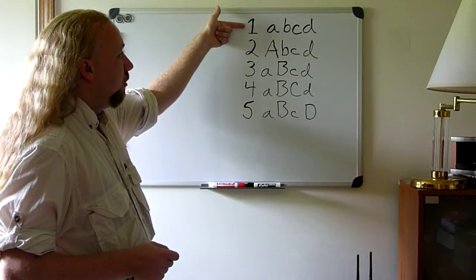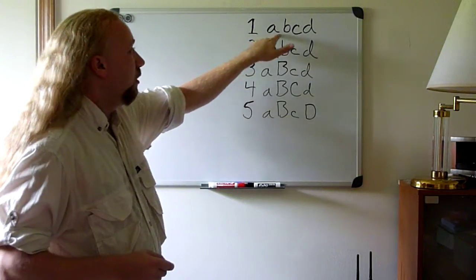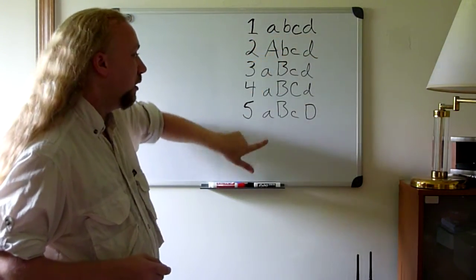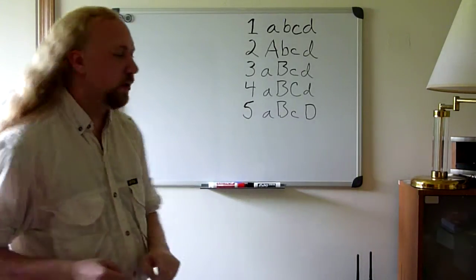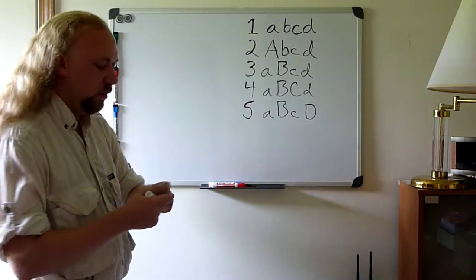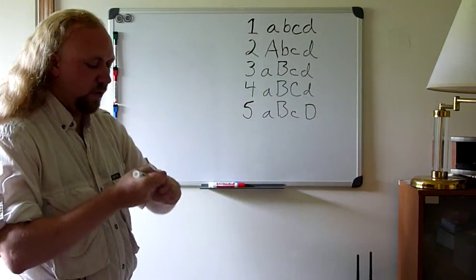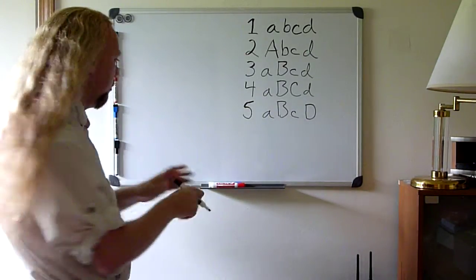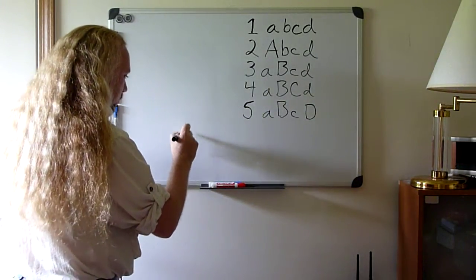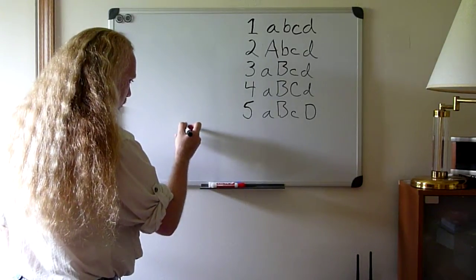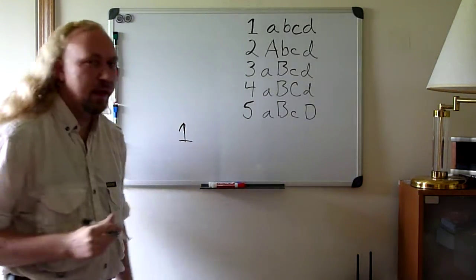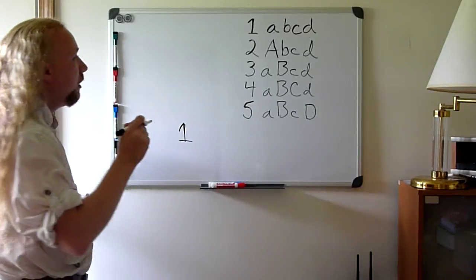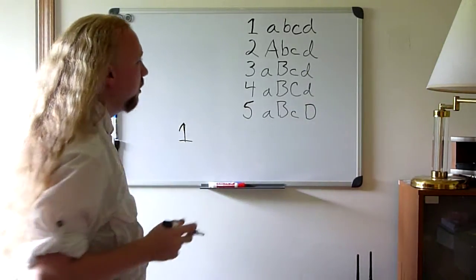All right? So organism number 1 has all primitive traits here, and none of the others do, so that's the place where we're going to start. At the base of our cladogram, we're going to put organism number 1. Now, the next one, number 2, where are we going to place this?